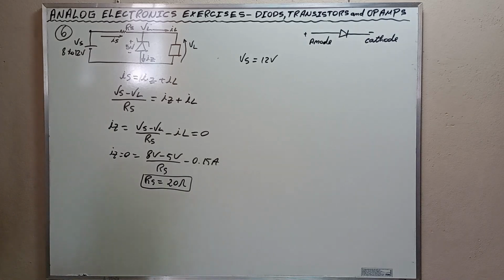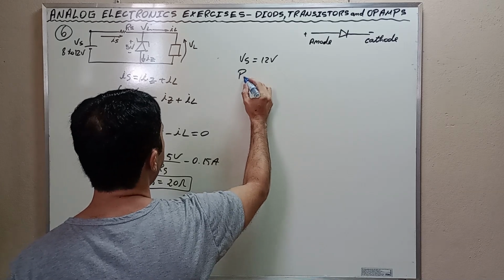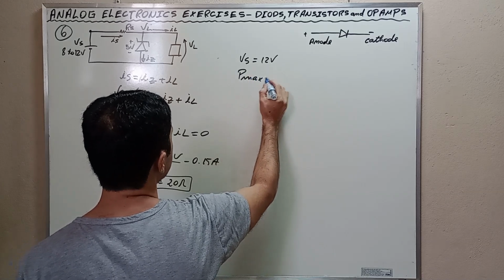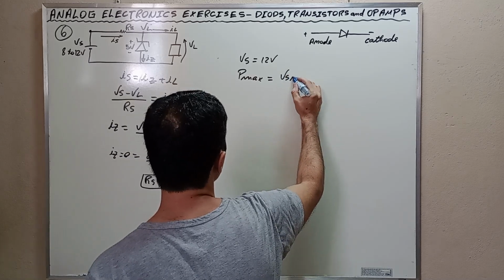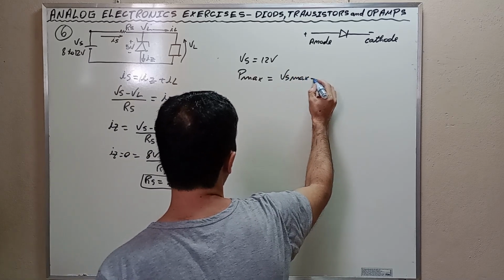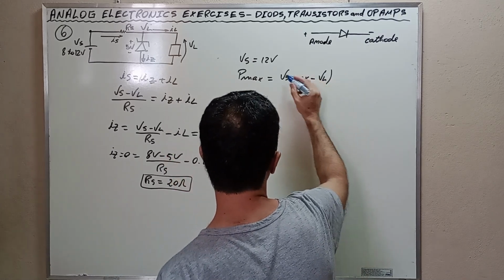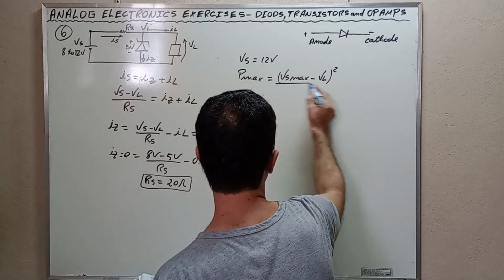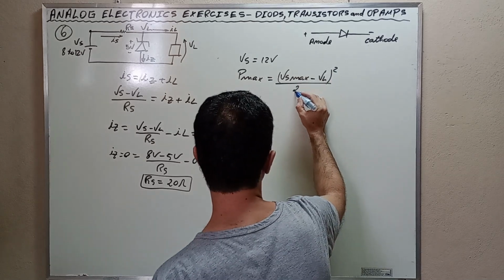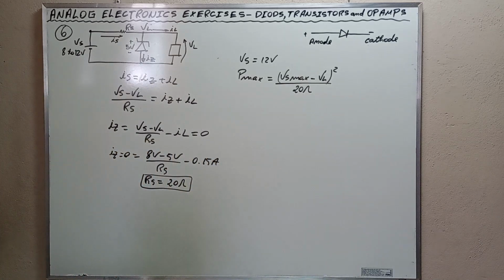So the maximum power dissipated, P max, is going to be equal to Vs max minus VL, squared, divided by 20 ohms.